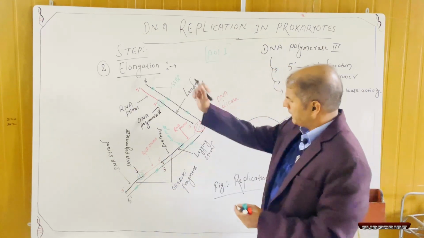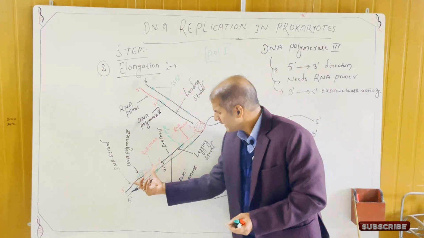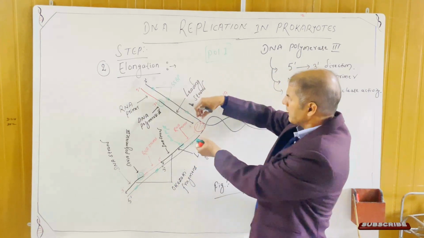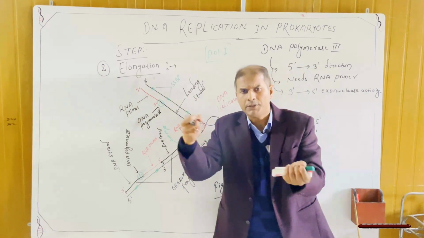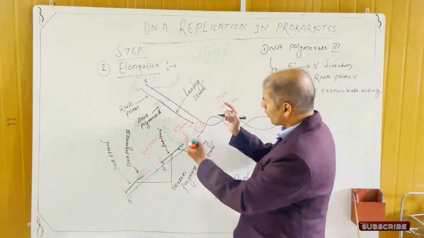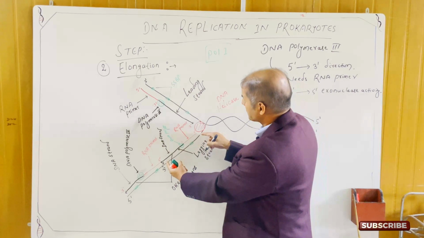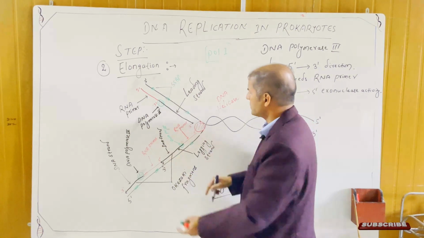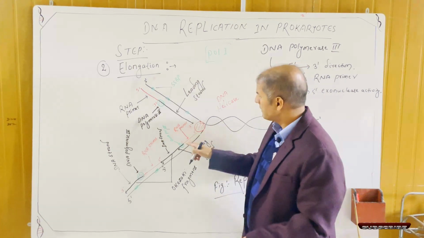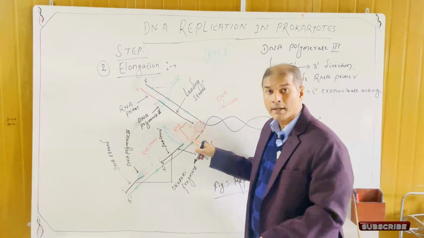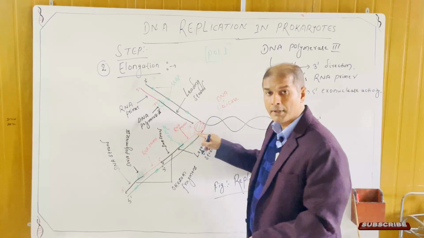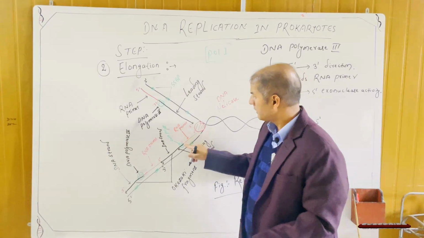Now, after the formation of new DNA strand at this segment of parental strand, helicase enzyme is continuously unwinding the DNA strands. So when further parental DNA strands are opened, again primase comes at this back side and puts another RNA primer here, and this will be the 5' end of this RNA primer, and this will be the 3' end.